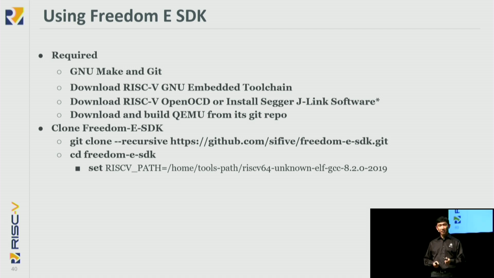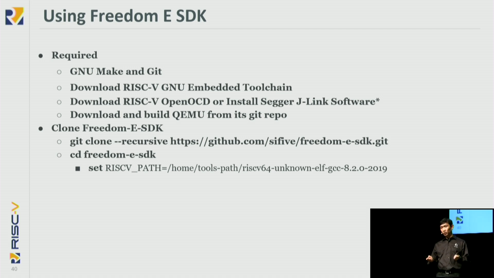Or if you prefer, you can go to the GNU website and actually build the toolchain yourself. And of course, if you want to run it on QEMU or with a physical board, you either need to download QEMU or OpenOCD, or the Segger as well, in case you want to use the Xilinx connection.